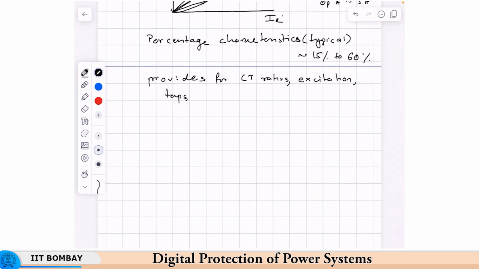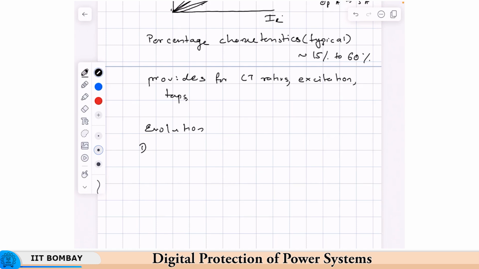So, of course, now over time the relays have evolved, and larger and larger transformers were included in the protection. So, the following features were provided.